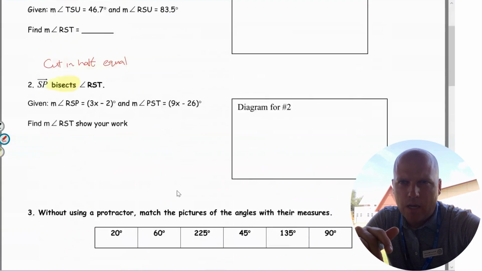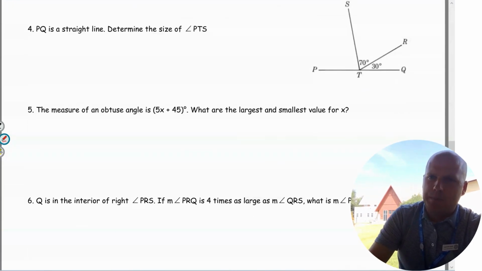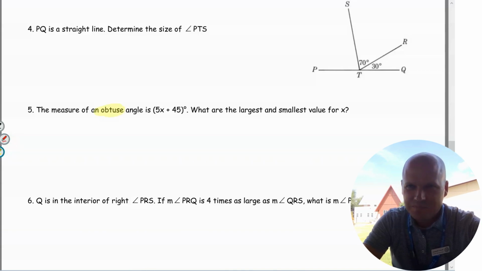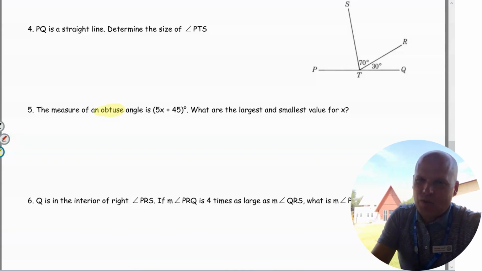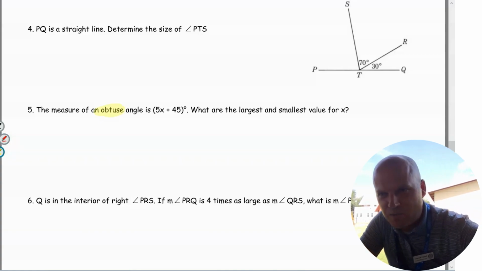Some other words we should know are obtuse. Obtuse means bigger than 90. So we're going to write that down once my cursor comes back.